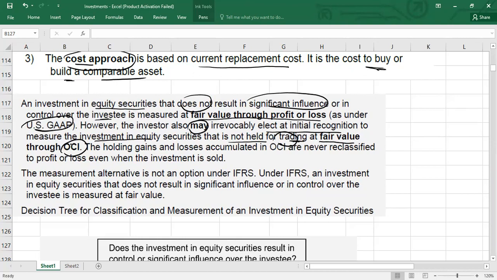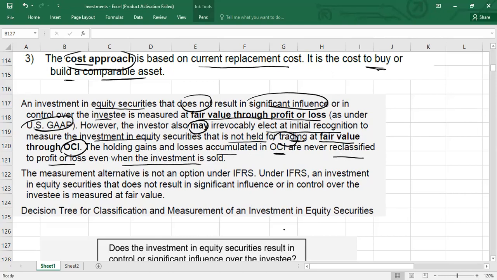Under IFRS, if securities are not classified as trading securities, you can elect to record the changes in fair value in OCI. This is the second policy. Holding gains or losses accumulated in OCI are never reclassified to profit and loss even when the investment is sold. So reclassification is not allowed.